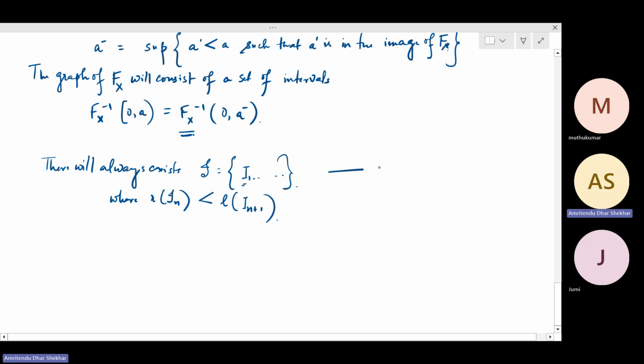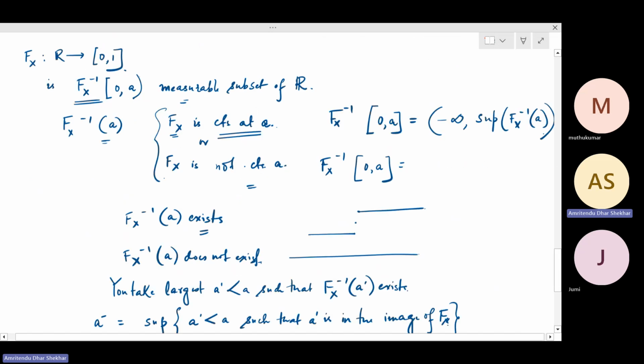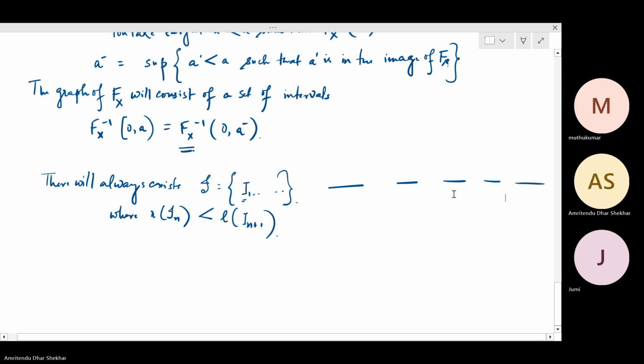So you'll always find some intervals in R that look like this, where the function is going to be continuous. And then you define it piecewise continuous in that manner.